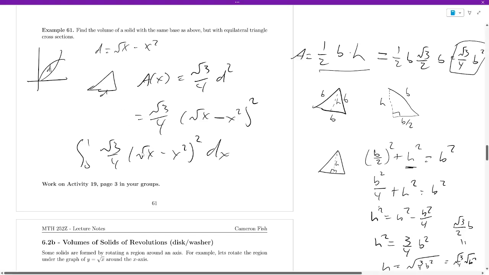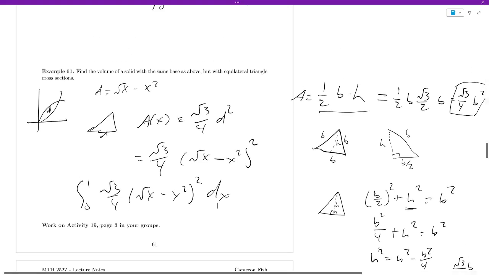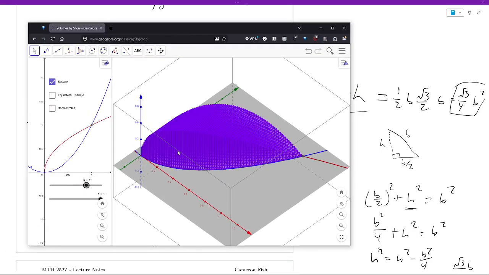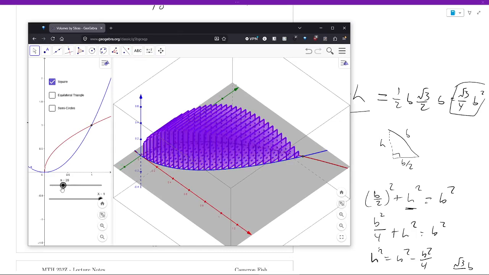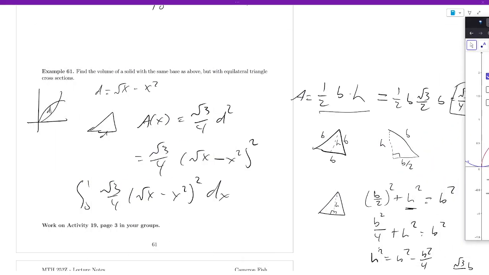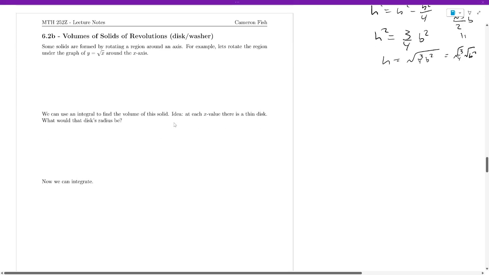Okay, so that's volumes by slicing. That's very specifically like doing this GeoGebra picture where I have many, many slices that are making up my shape. Another really common thing we're going to do is volumes of solids of revolution.